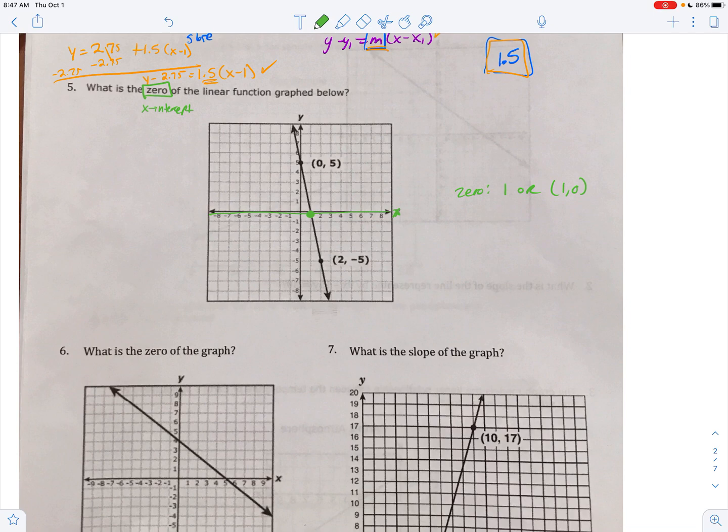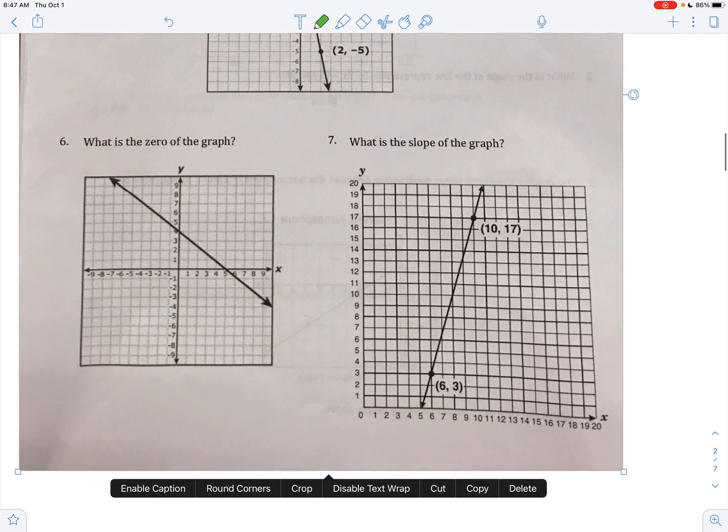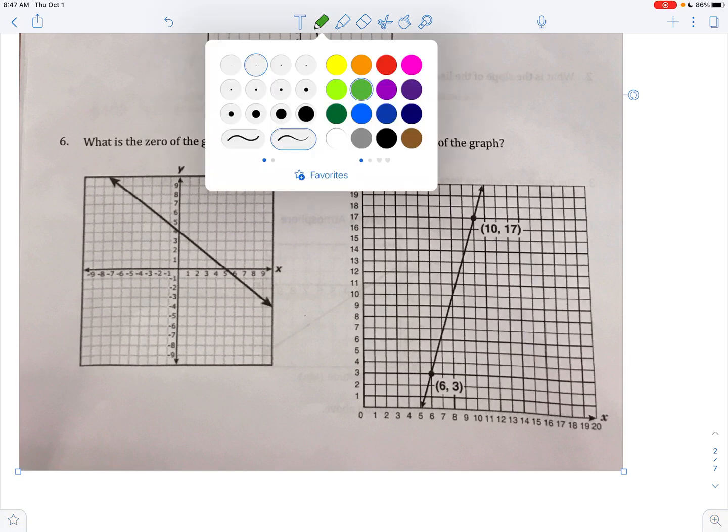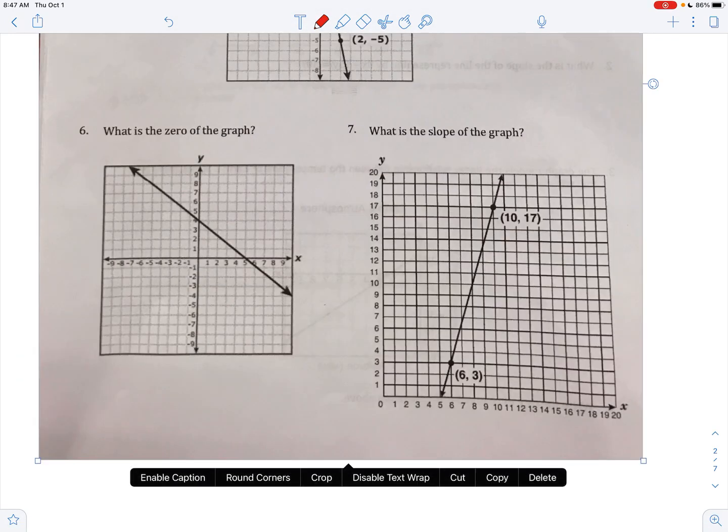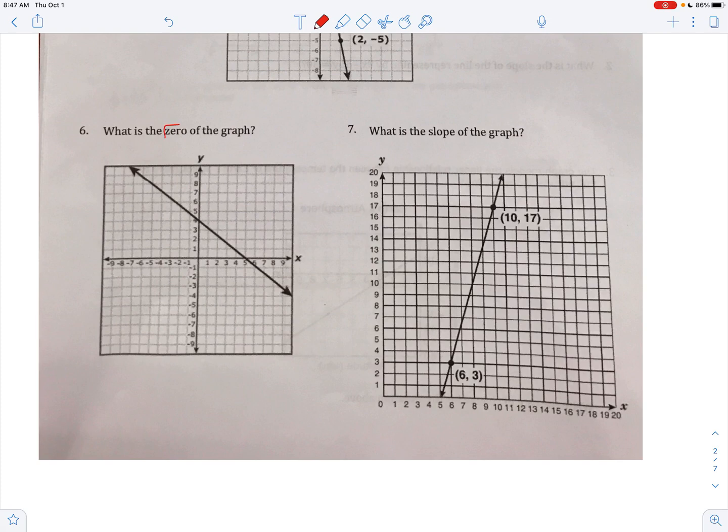Now number 6 says what is the zero of the graph? Well, we just said 0 means x-intercept. So we're looking on this graph, where does it cross the x-axis? Yep, about right here. So we're going to say our 0 is 5, or (5, 0).